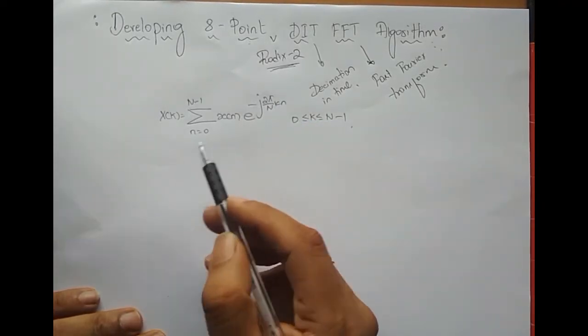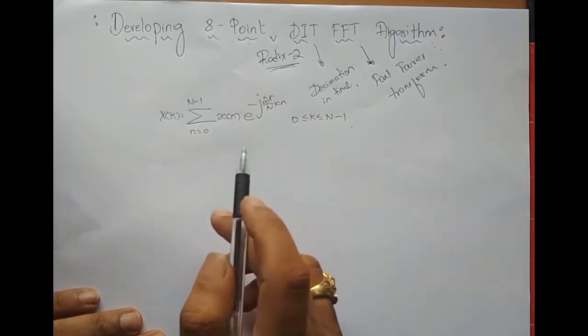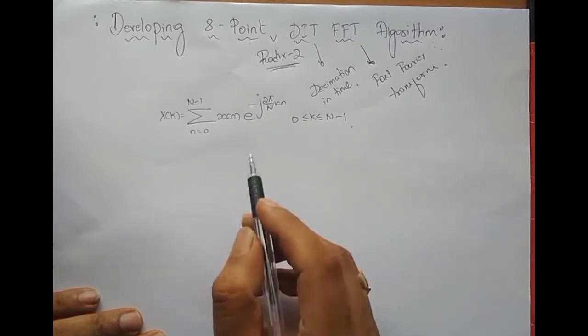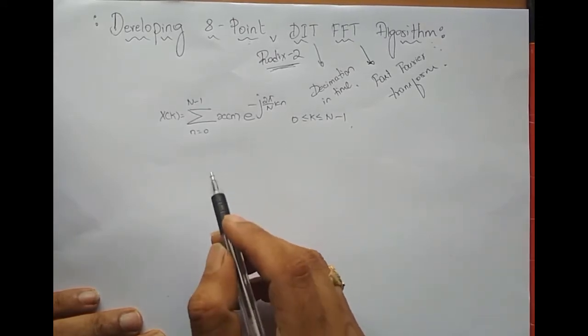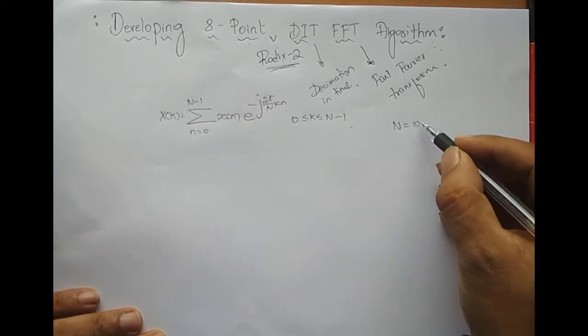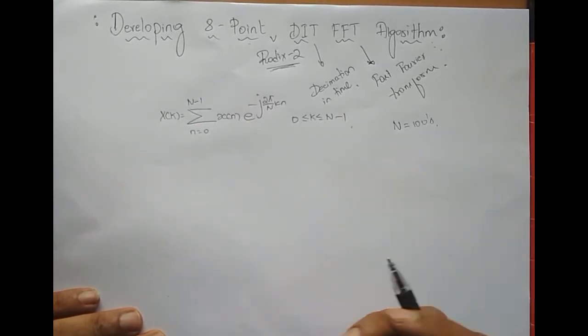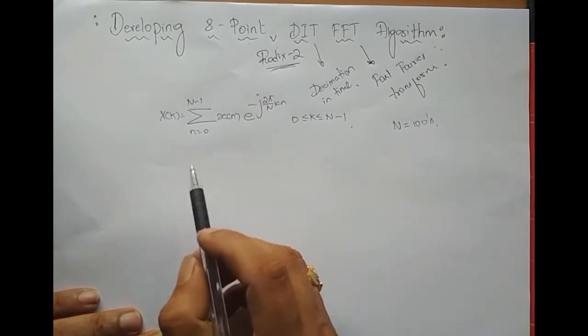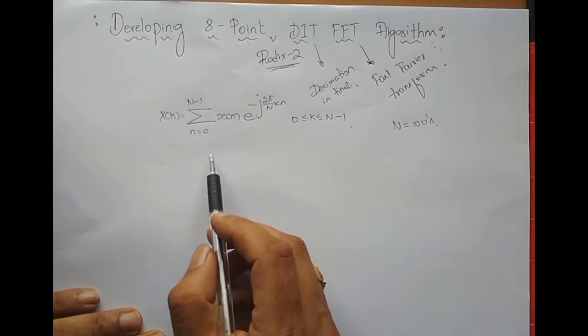So finding 4-point using this formula is fine. Finding 8-point DFT using the formula somehow we can manage, but in practical cases the number of points capital N will be in terms of hundreds. In that case it's very tedious to find DFT directly using the definition, which is this equation.